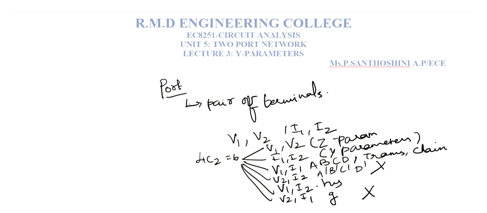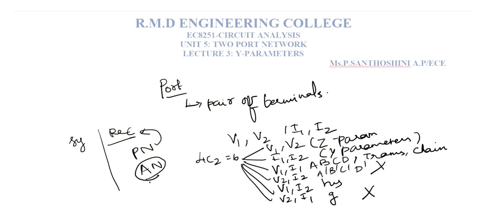This was about your first lecture, where we saw two more concepts: symmetricity and reciprocity. If the network satisfies the reciprocity theorem, we call it reciprocal. All passive networks belong to the reciprocal category, and active networks do not satisfy the reciprocity theorem, so they are non-reciprocal.